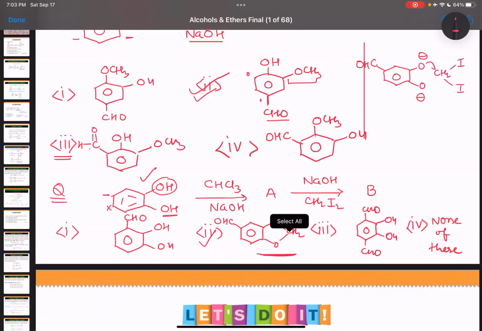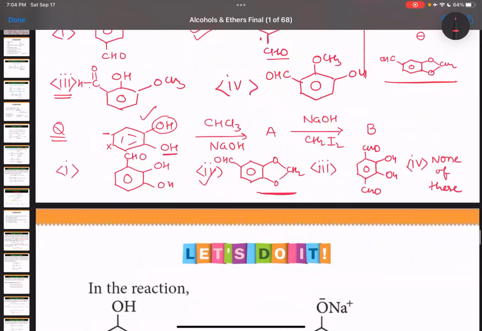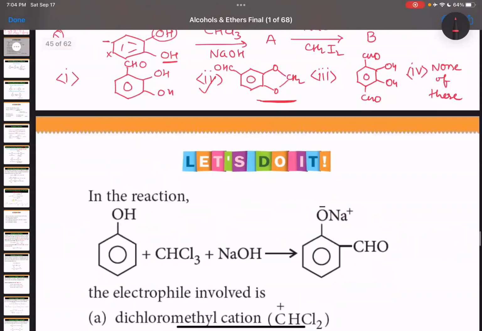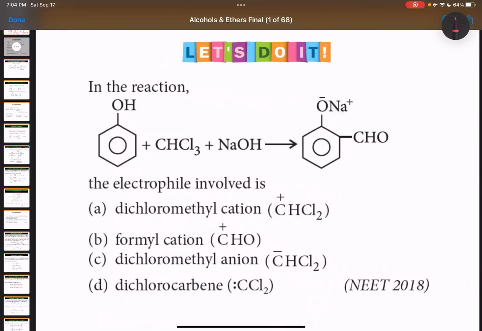So this SN2 is going to happen. One I will come out. This O minus is going to attack again, and the other I will come out. So what is going to form? So the second option is going to be the answer. This is a very simple question.